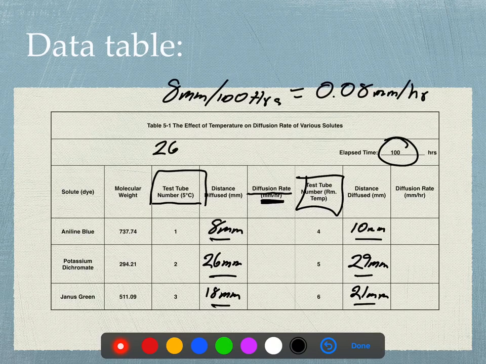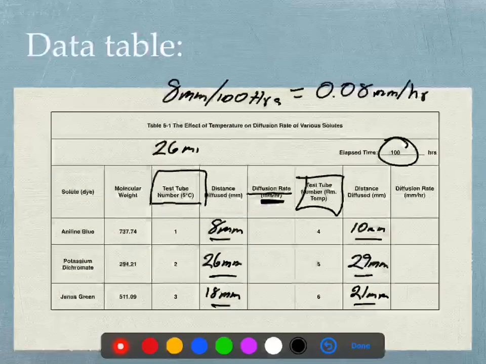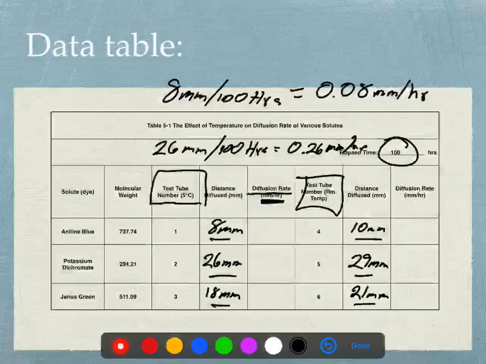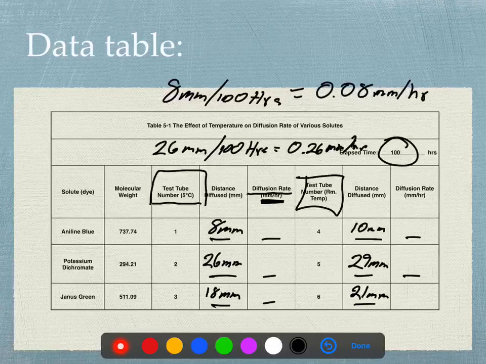And if you do the same for, say, potassium dichromate at 5 degrees Celsius, it traveled 26 millimeters. In the course of 100 hours, that's going to be 0.26 millimeters per hour. Okay? And so that's what you're going to be placing here.